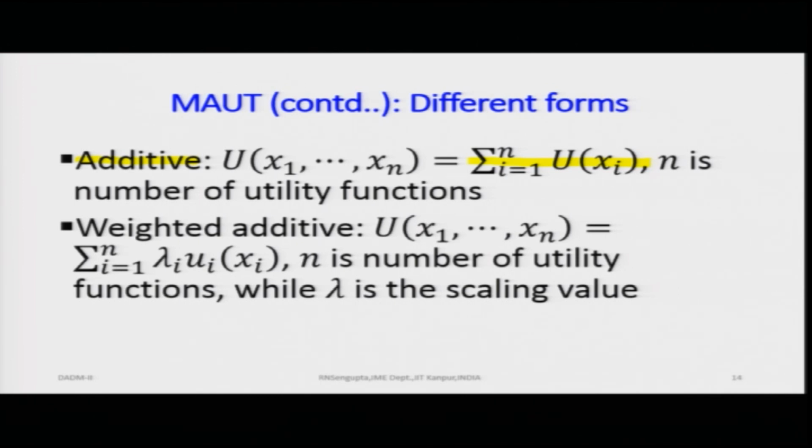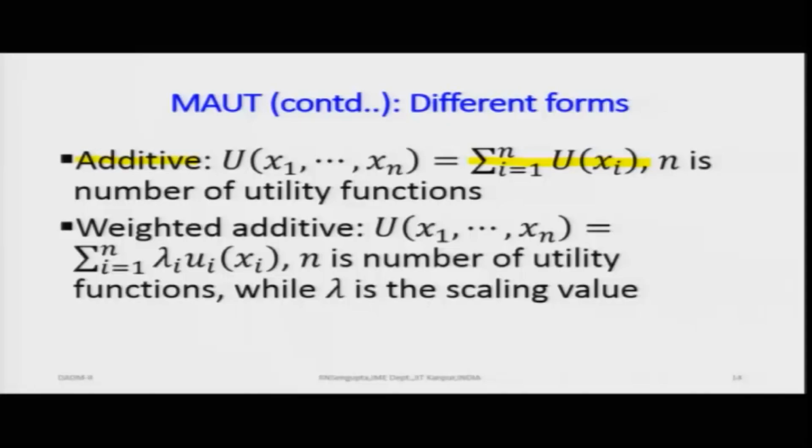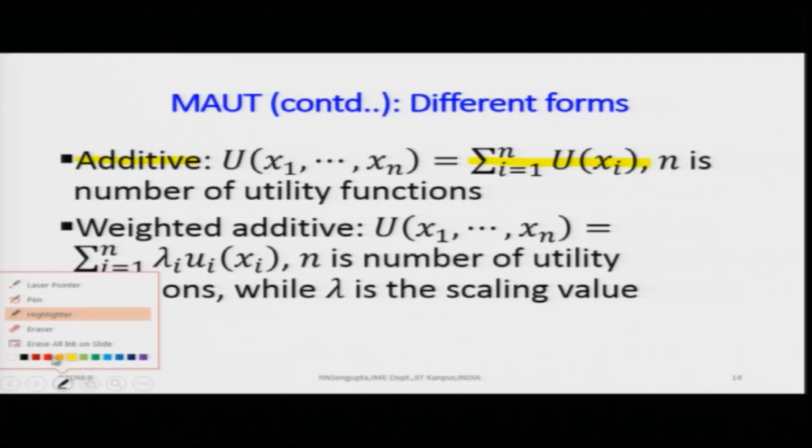Now, if we have the concept where you add up the utility functions, which is good, but you also give some weightages, then you will have the weighted additive function, and these lambdas, based on which you find out the weights, lambda 1, lambda 2, lambda 3 till lambda n, or lambda 1 till lambda k, would be known as the scaling functions for the utility functions.